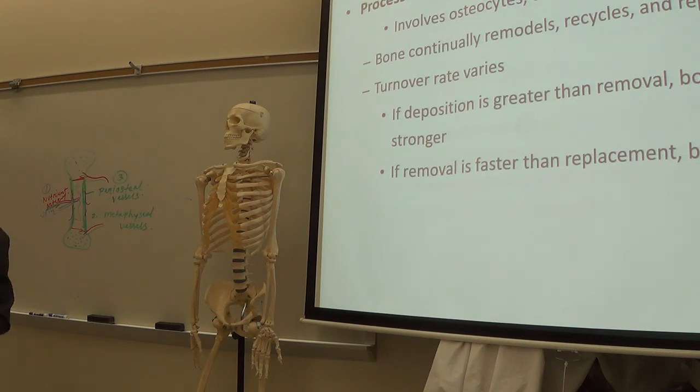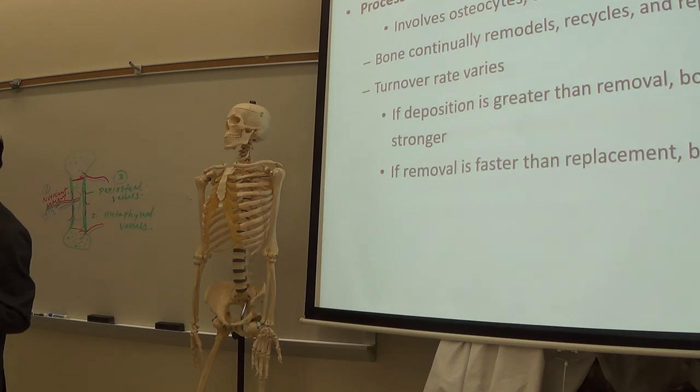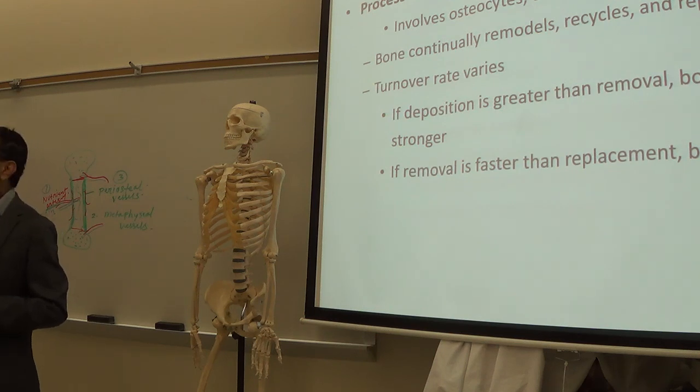And in the late part of your life, when you are old, production is less, right? And loss is more. That's why bones get what? Small and weak. Make sense? Very weak. Because the matrix is being destroyed but is not being replaced by new matrix. Make sense? So, remodeling occurs throughout the life.